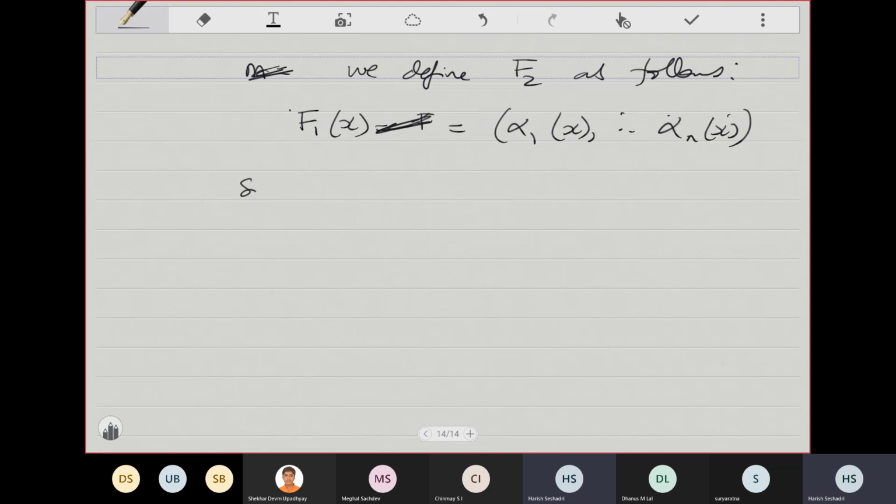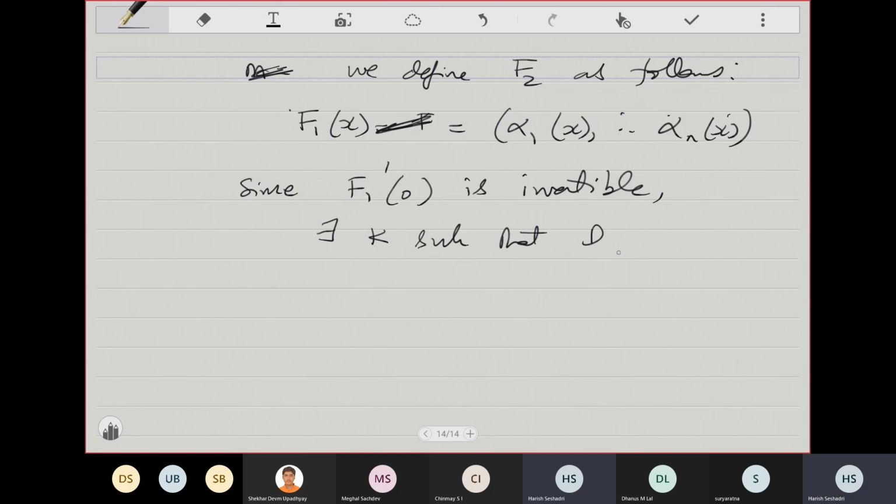Now I'll say, since f1 prime 0 is invertible, there exists k such that D_1 alpha_k at 0 is not equal to 0.